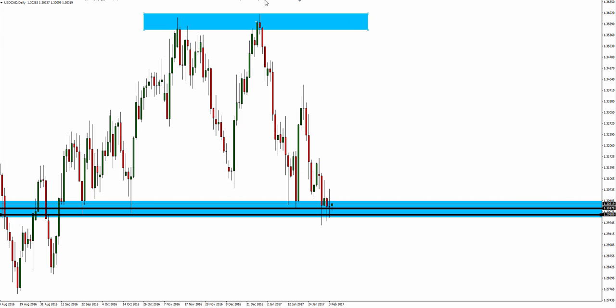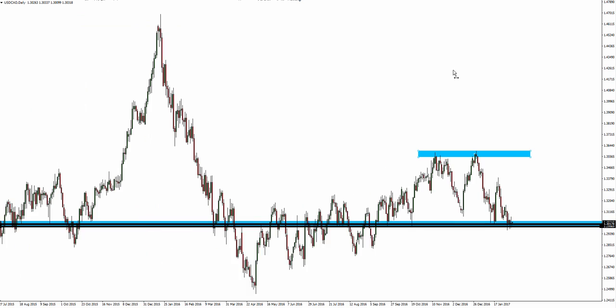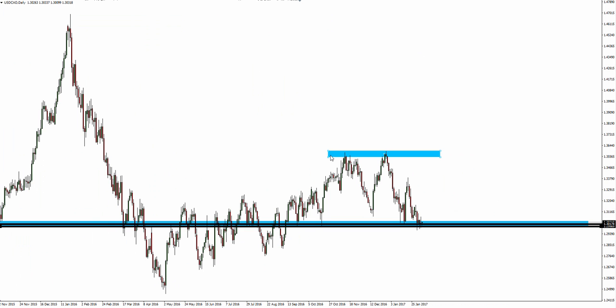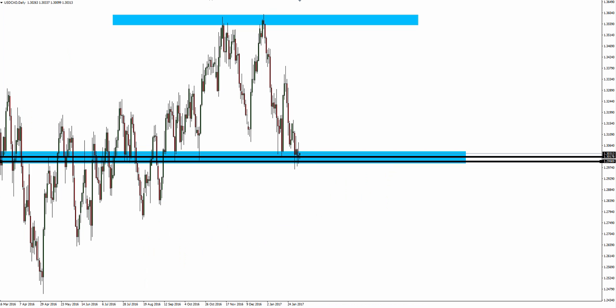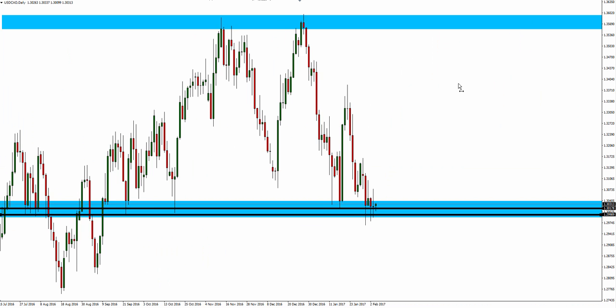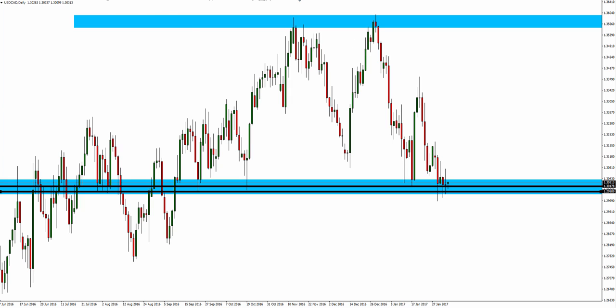A lot of people would consider this area now to be somewhat of a range, as price has traded off it a couple of times. Once, back to it, twice and away, and this bottom level has certainly been well developed. Now then, if you were a seller off that top edge, I'm going to ask you a very straightforward question.